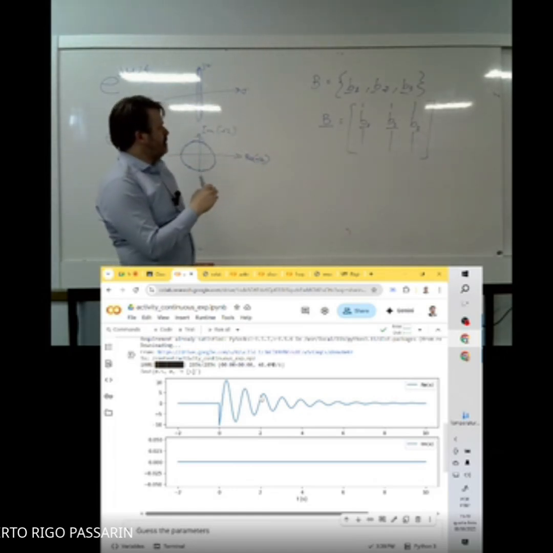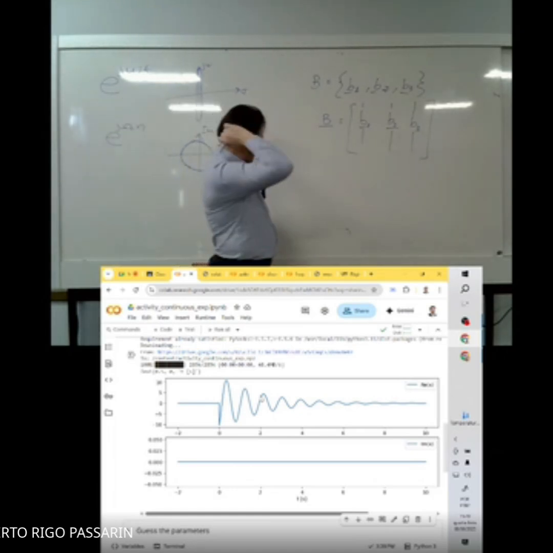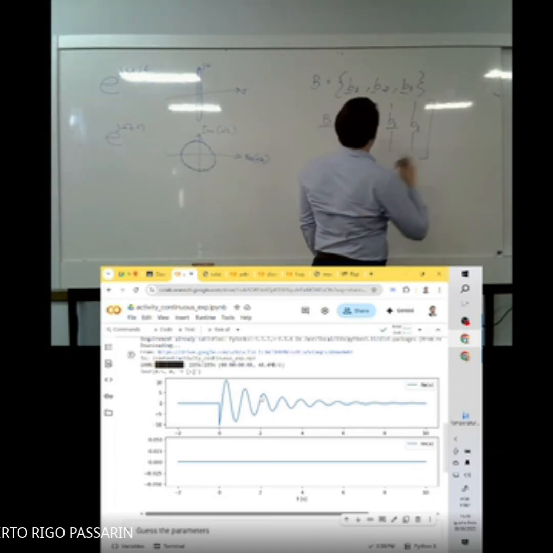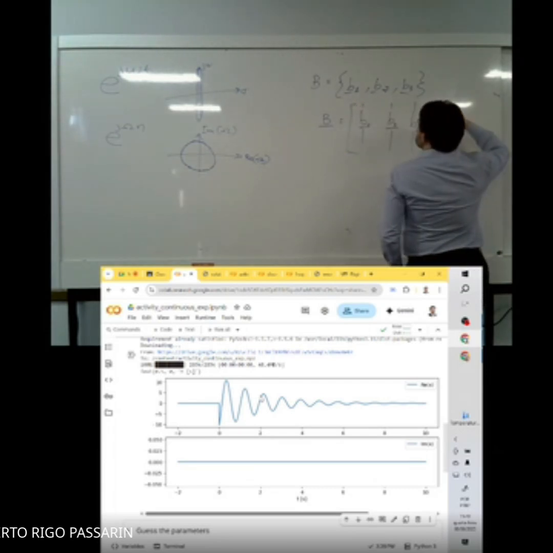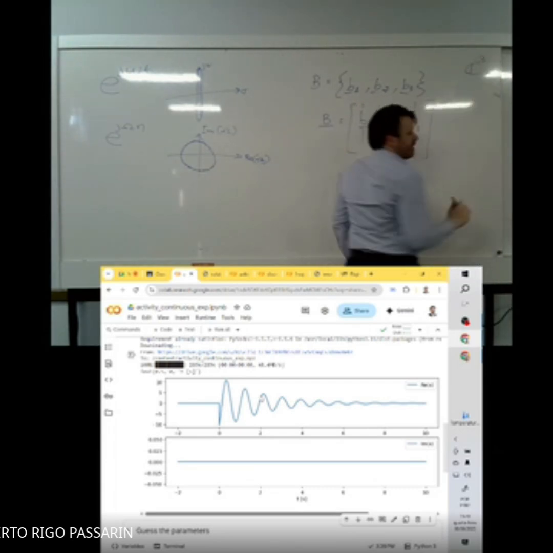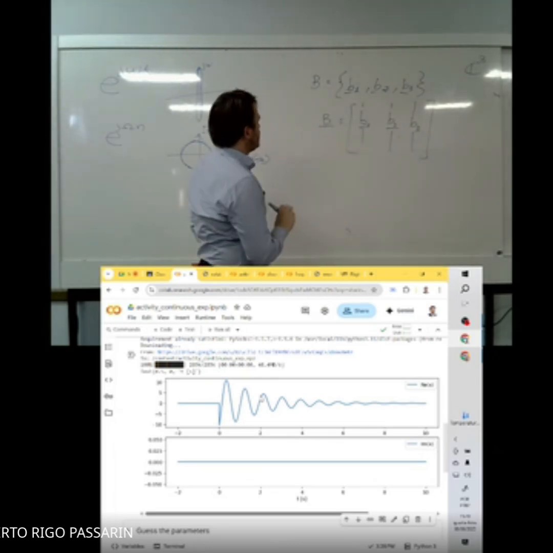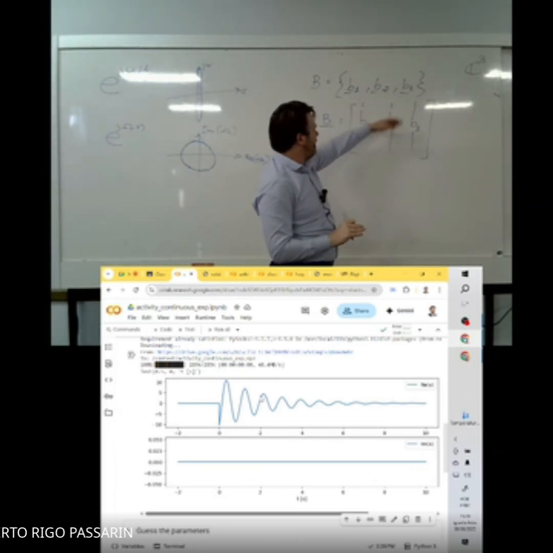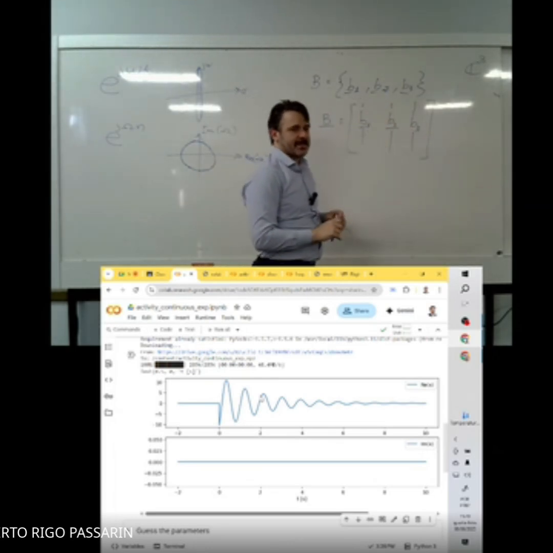If this is a basis for C3, so we're working with 3 dimensions, so each of these vectors has 3 entries.